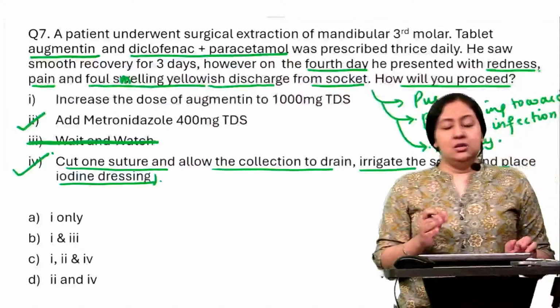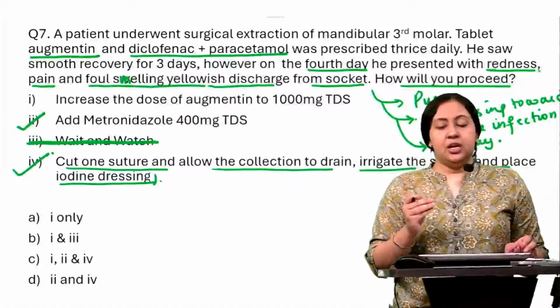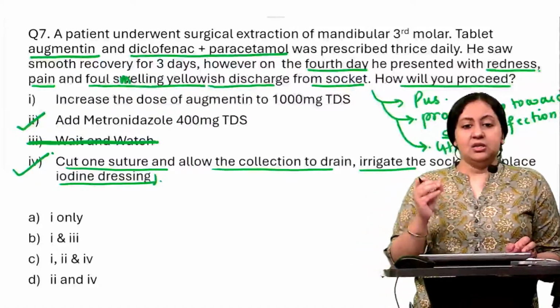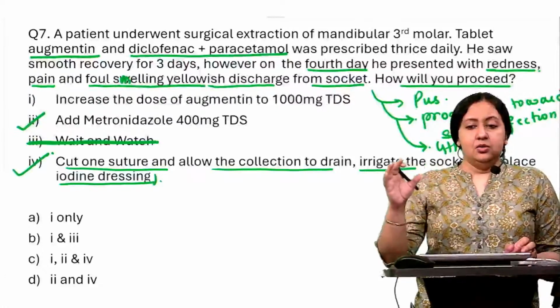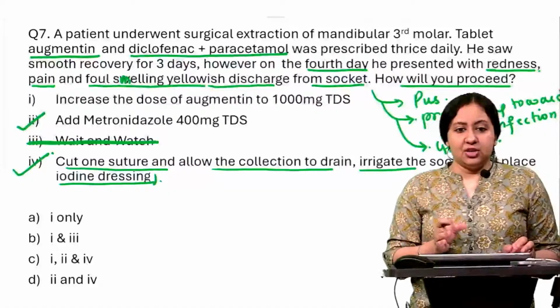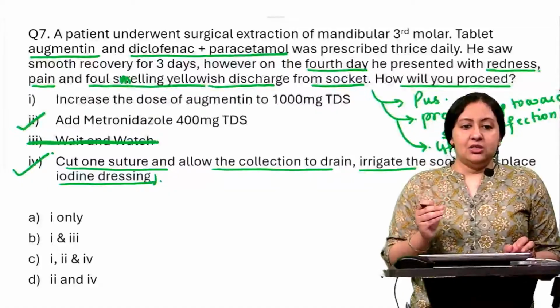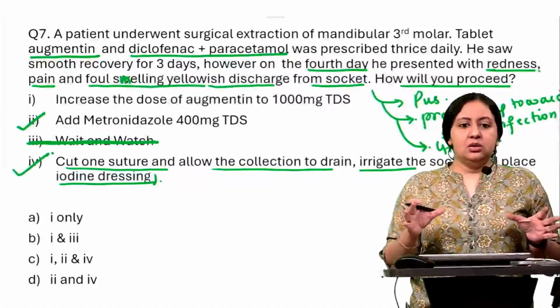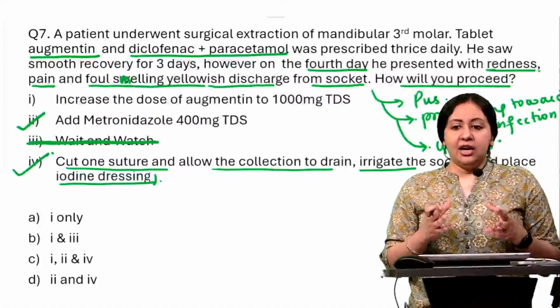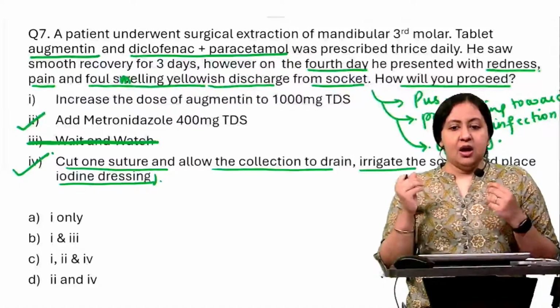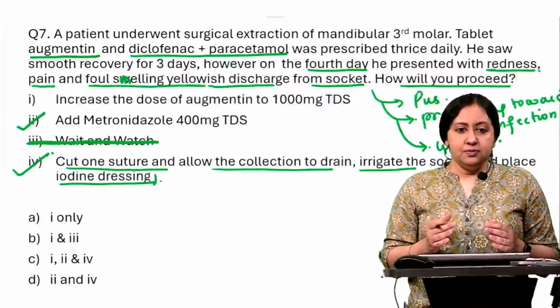Iodine dressing is to keep the area clean, keep it sterile, prevent food lodgement, and it acts as a supportive measure. Cut one suture, allow the collection to drain, cover it with a protective iodine dressing, add metronidazole.